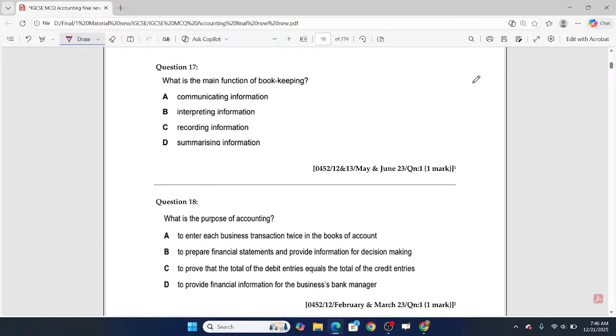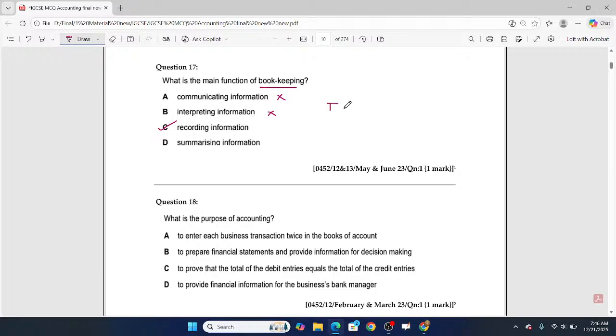And 15th. What is the main function of bookkeeping? Already we studied. Bookkeeping is to record the basic ideas, right? Communicating information, no. Interpreting information, no. Recording information is the primary job done by the bookkeeper.